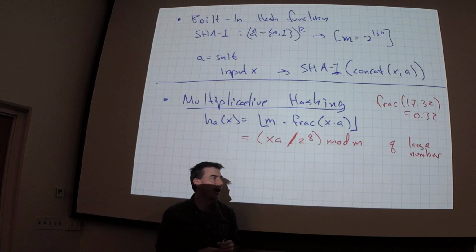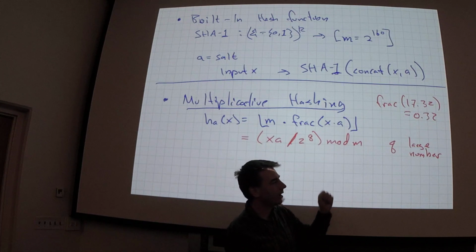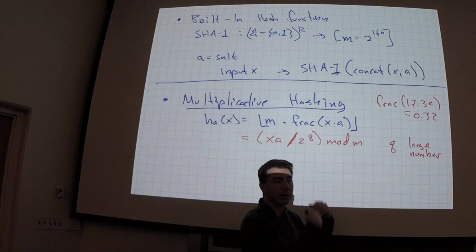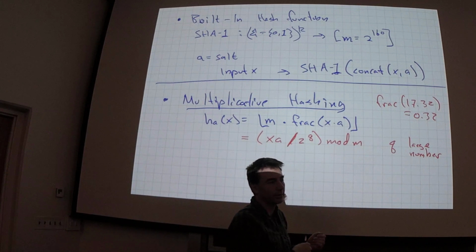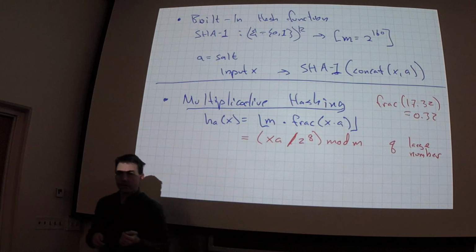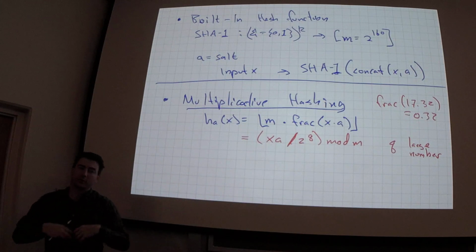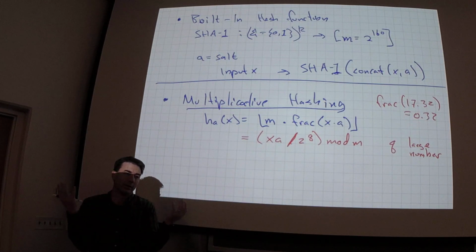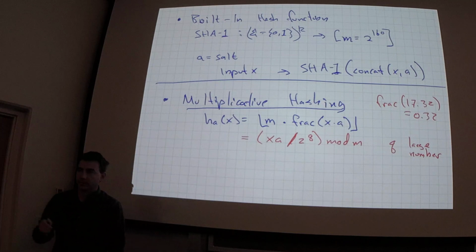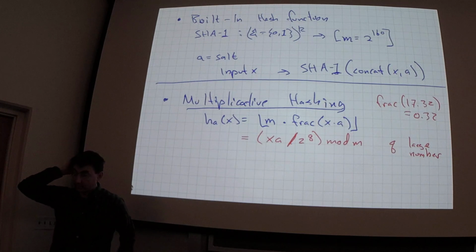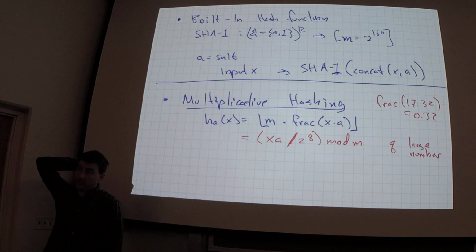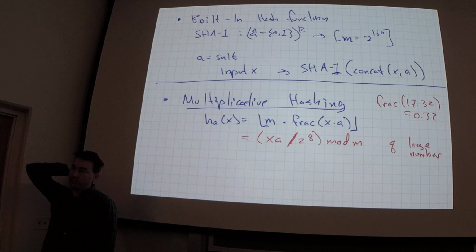So if I have two hash functions with A and A prime, I concatenate one with A prime, but I pass them both into SHA-1. That effectively changes the hash function, and they should look indistinguishable. Do we pick M in this case? Yeah, the M is what you pick. That's the domain you want to map into.